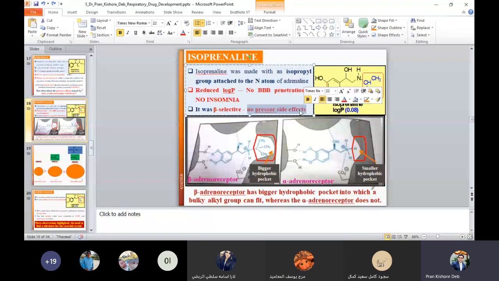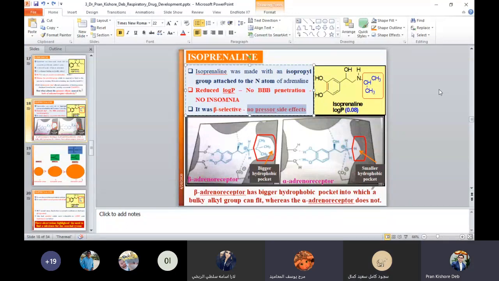What is the common side effect you will see? Cardiac side effect. So how many common side effects does isoprenaline have as compared to adrenaline? It's one. I can't think of any besides the cardiac side effect.